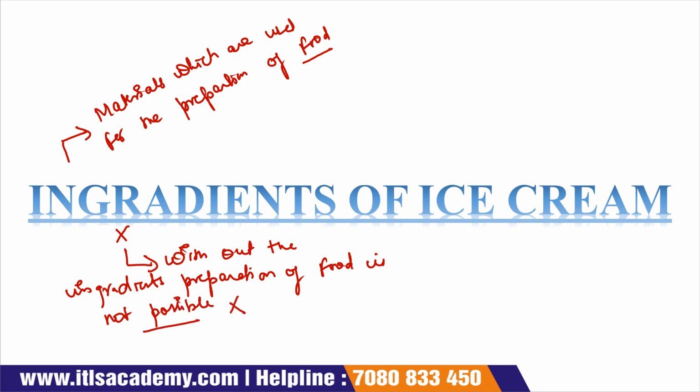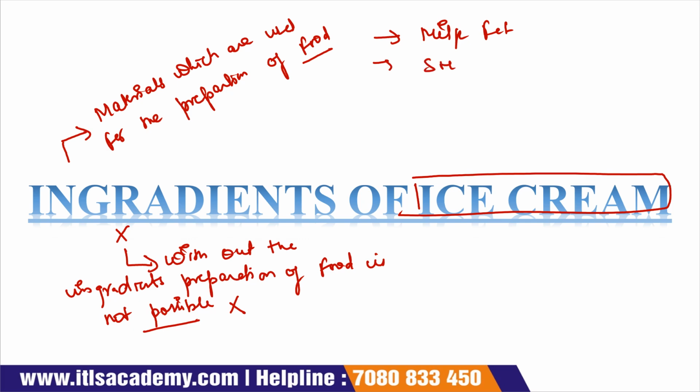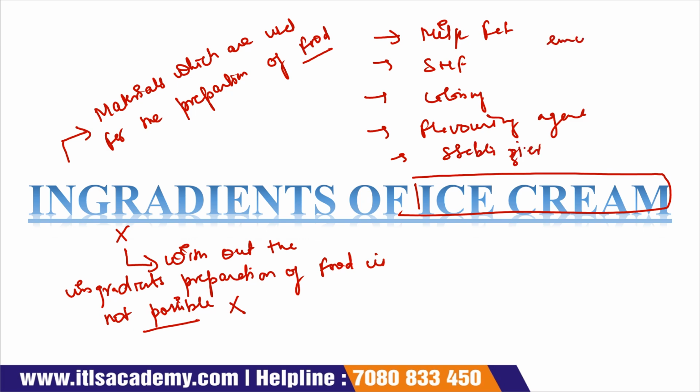Okay, so suppose that we have to prepare ice cream. For this we require obviously milk fat, SNF, coloring agent, flavoring agent, stabilizer, emulsifier, other fats, sugar.